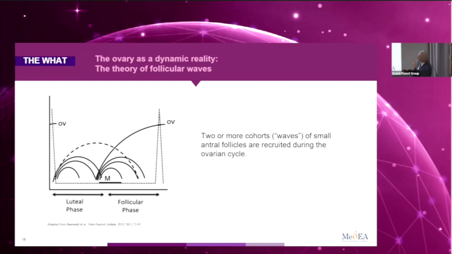What I want to tell you now is that if we consider what we discovered in the last years, we discovered that you have synchronous waves of small antral follicles recruited during the ovarian cycle. Because if you have the image I presented clear in mind, anytime there is an FSH movement, you have an advancement of small cohorts of follicular waves.